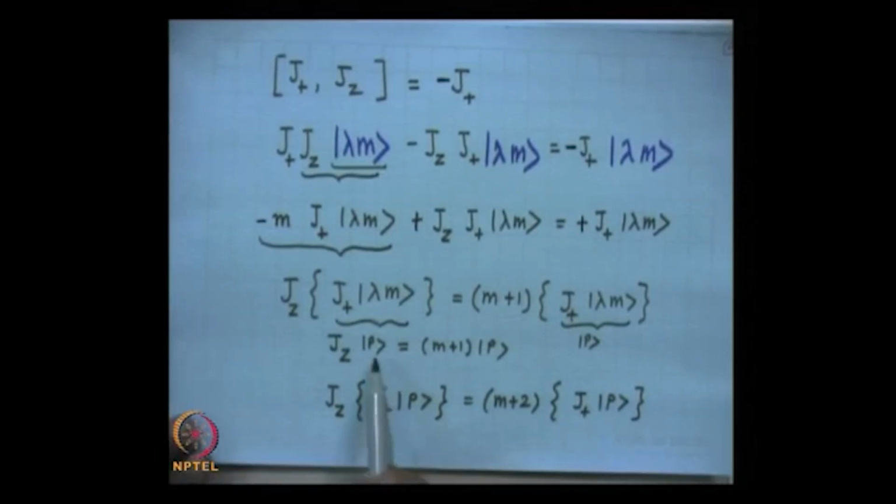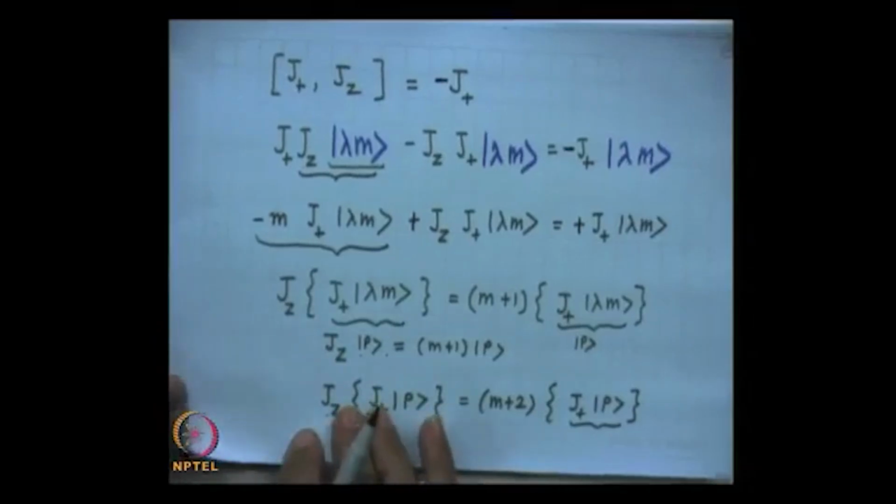Of course, provided ket p is not a null ket. Similarly, if ket p is not a null ket, then J plus ket p is also an eigenket of the operator J z belonging now to the eigenvalue m plus 2, provided this is not a null ket.